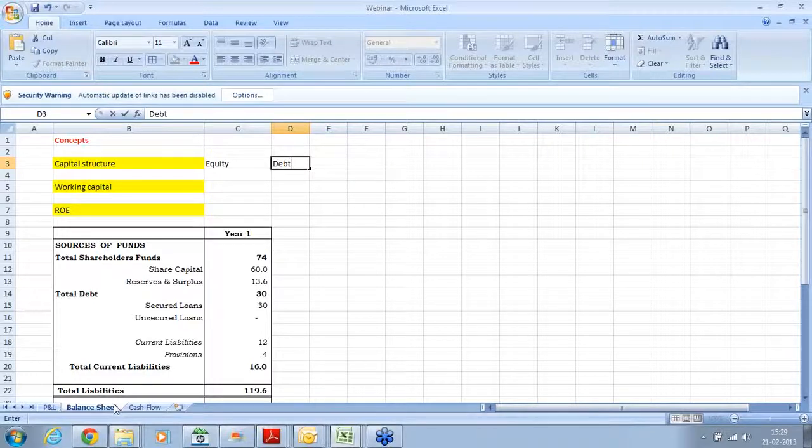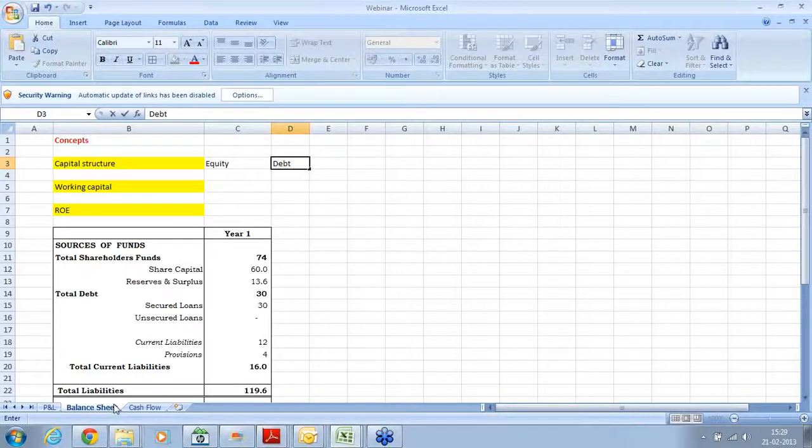But the mix, you have to get it right. And that mix is concerned with two aspects. With regard to debt, you have to be careful how much debt you take, because it's not only paying the debt off, but paying the cost of debt, which is interest. So that is a function of how much business you can do.